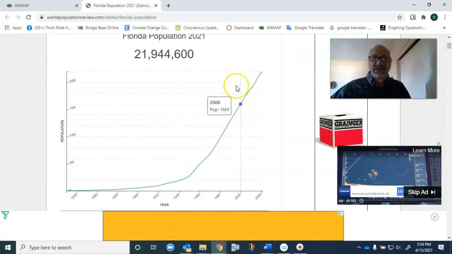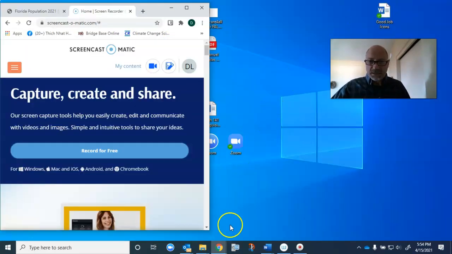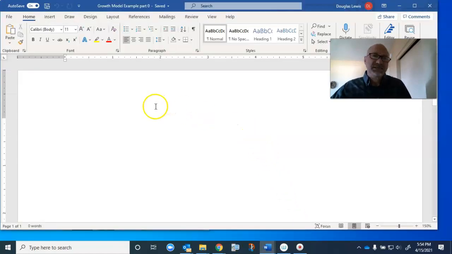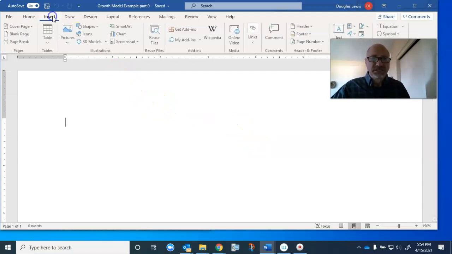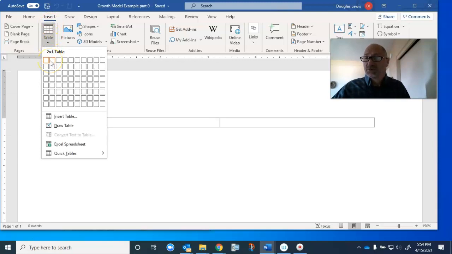I gathered all that data, I wrote it down, and then I put it into a table. So here's how I made a table. I made a table in Word, and I'll show you how you can do that. I inserted a table, and I was going from 1940 to 2020, and I went up extra lines. That's like 9 lines, so I made it 12.